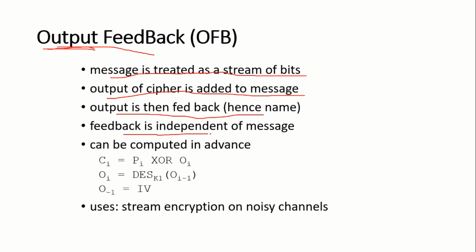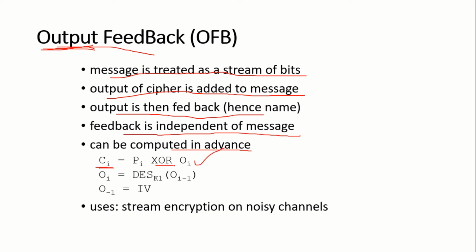Now this feedback is independent of the message, because before XORing the plain text with the output, we feed it to the next stage. Since we are not making use of the plain text block, before using it we are finding out the output. So that is why we can compute it in advance. And the cipher text block is computed using this expression.